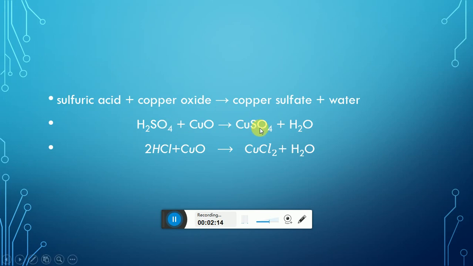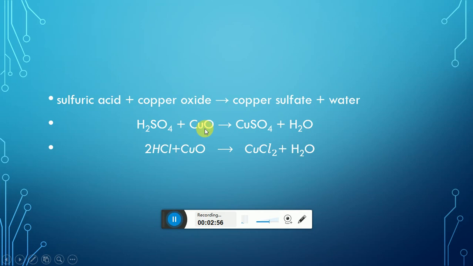When we name the salts, if there is SO4, we have sulfates, and if there is chlorine at the end, we will have chloride. So here copper is attached with SO4, it makes copper sulfate, and here H2, 2 atoms of hydrogen, combine with 1 atom of oxygen from copper oxide during the chemical reaction, and they make water.